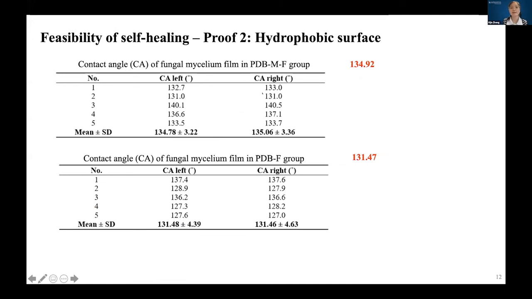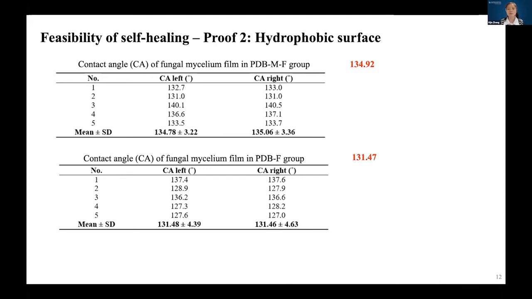Next, we investigate the surface property of the fungi mycelium film. We get the fungi mycelium film from group B and group A, and the contact angle of the fungi mycelium film from the sample with Moda shows a higher contact angle of 134.92 degrees.